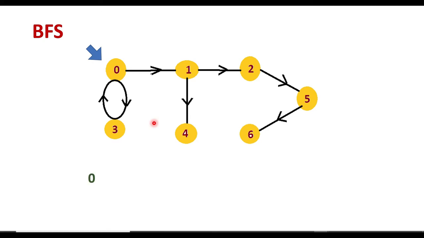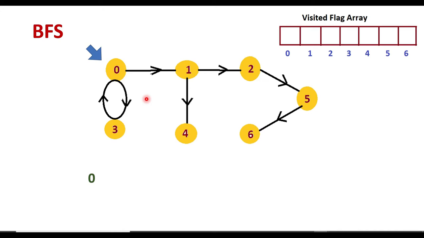So first I am starting from 0. So 0 is my first node here, and 0 is already visited. Then in BFS I have to maintain one visited array also, a flag where we can see which vertex I have already visited.